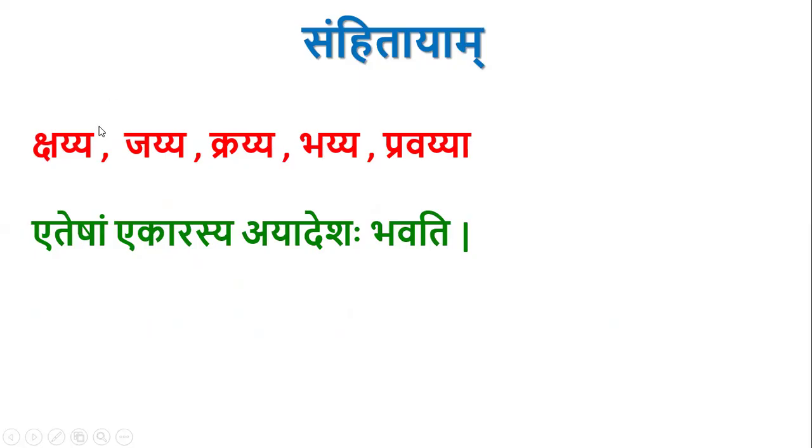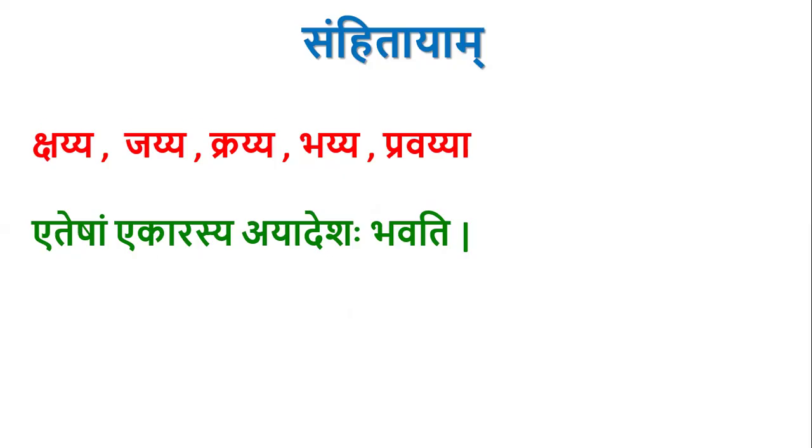So let us plan to formulate some sutras for this. Let us formulate a single sutra which tells that for these 5 dhatus there will be Ekarasya Ayadesha when followed by Yat pratyaya. Let us think like that.